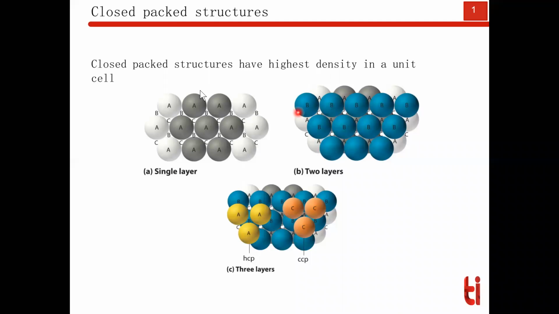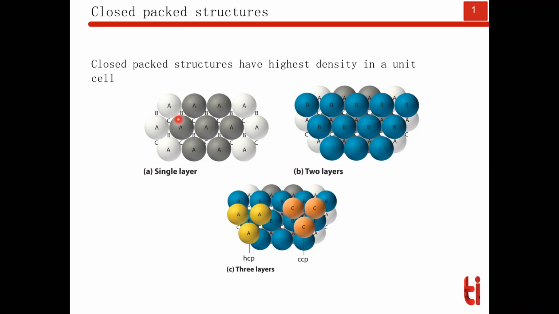Valley is lying between these 3 atoms of A, and if I put one more atom on the top of this, then the intervening space that is lying between these 3 atoms of A and an atom of B, that intermediate region is called the valley, right?